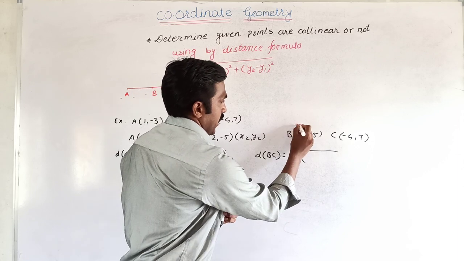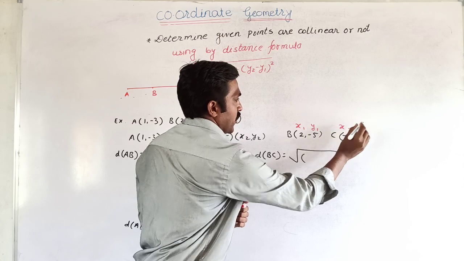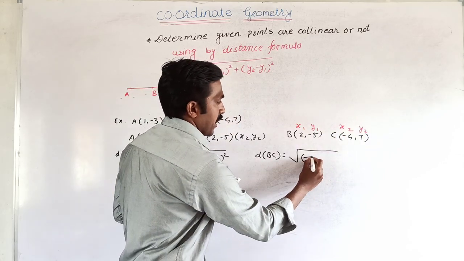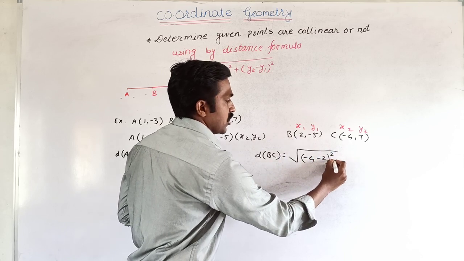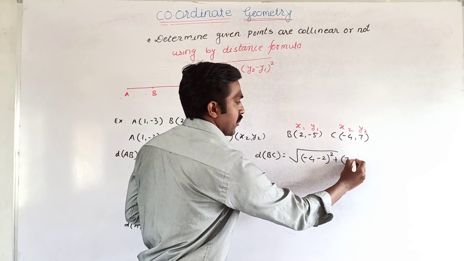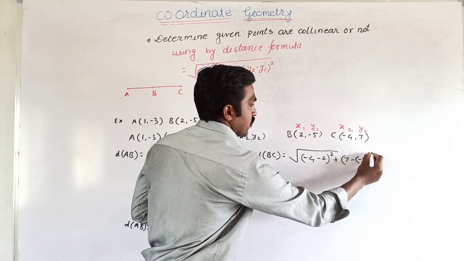Now put the value of x2, 4, minus the value of x1, 2, whole square, plus the value of y2, 7, minus the value of y1, minus 5, whole square.